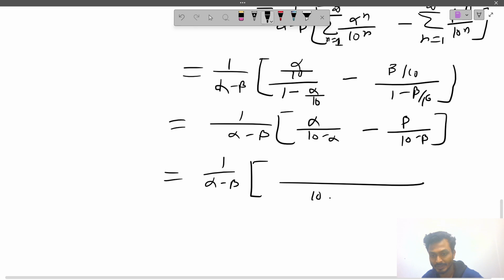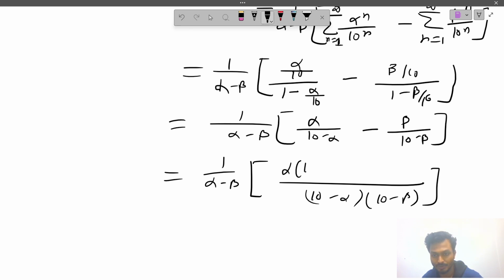So 1 by alpha minus beta. Now if you take the LCM, 10 minus alpha into 10 minus beta, this will be alpha into 10 minus beta minus beta into 10 minus alpha, right?